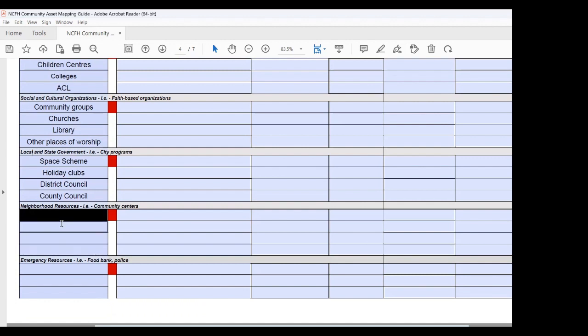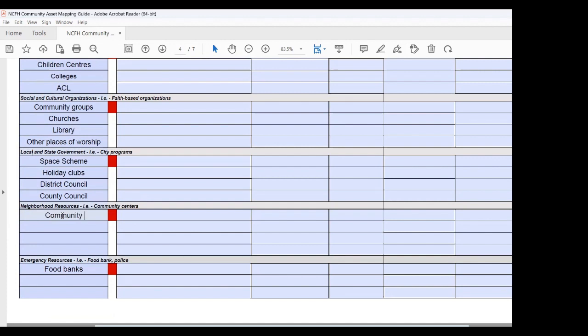So what about neighbourhood resources? Food bank? The food bank would come under emergency resources, I think. Oh yeah, it's there, food banks, I can see. So this is your community centres. This is places where you can go and meet, or could be parks or something like that.